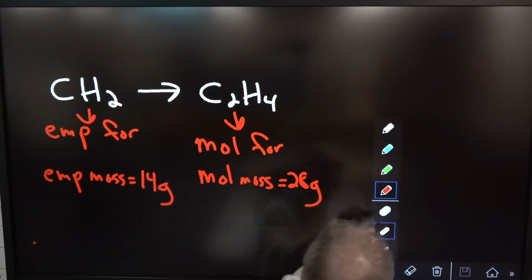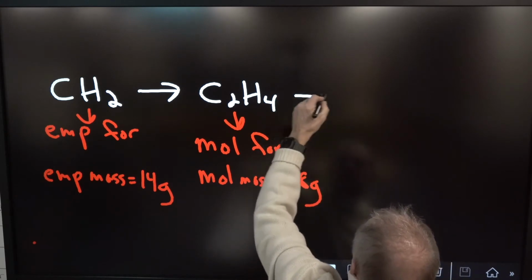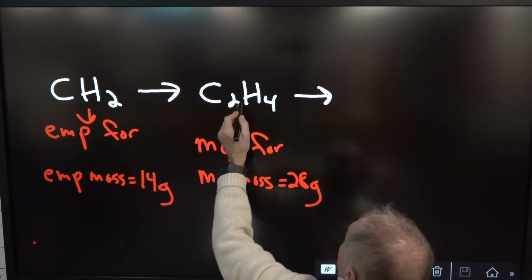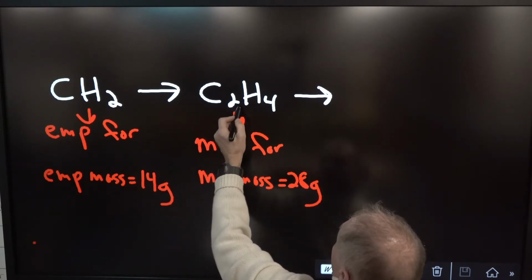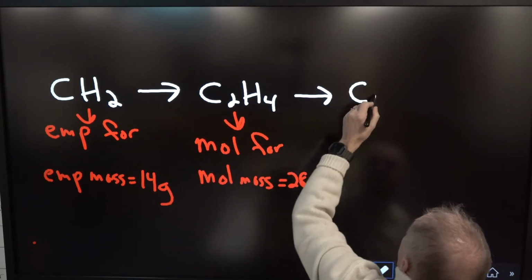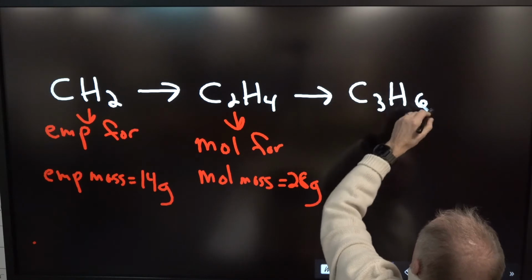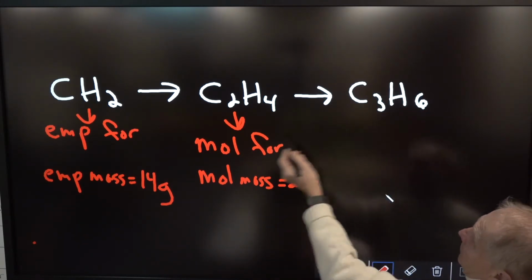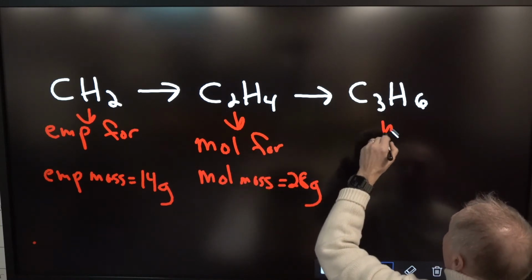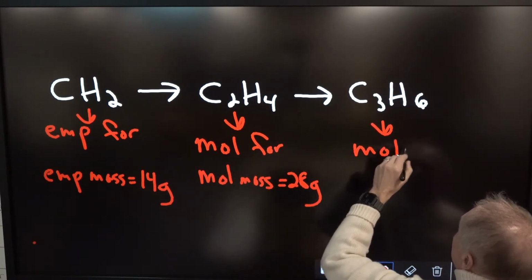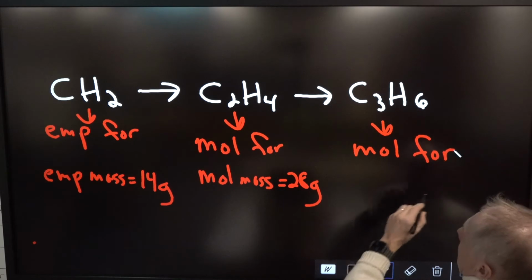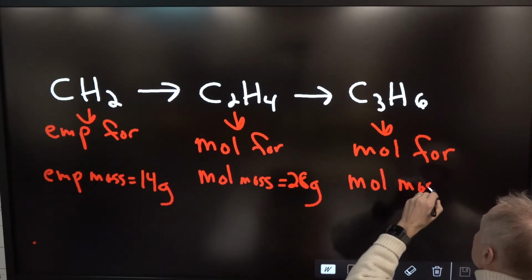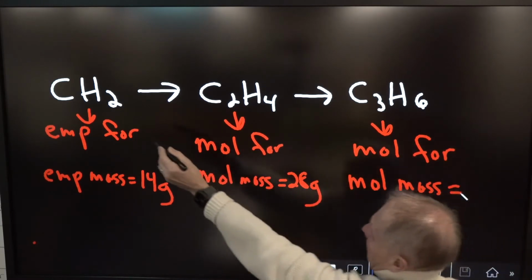Next. The next one out would be C3H6. And we know that that is a multiple of that, so that's a molecular formula. And the molecular mass is a multiple of that.